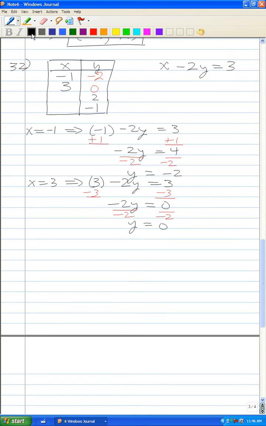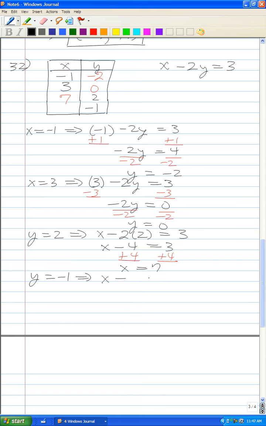Next, if y is 2, then I have x minus 2y equals 3. So x minus 4 is 3. Add 4 to both sides of my equation. So x equals 7. And lastly, if y is -1, then I have x minus 2y equals 3.